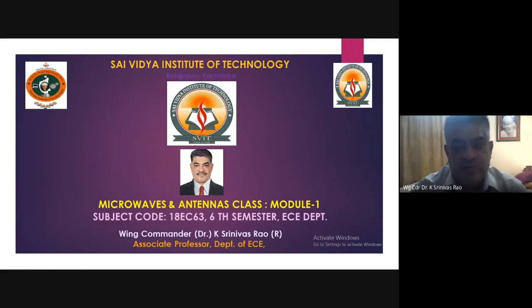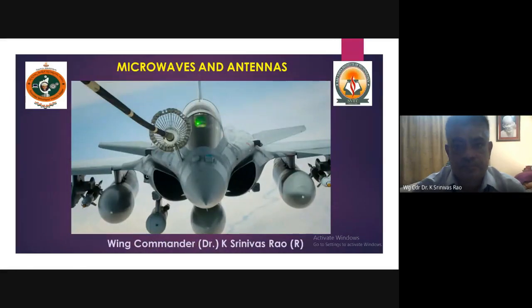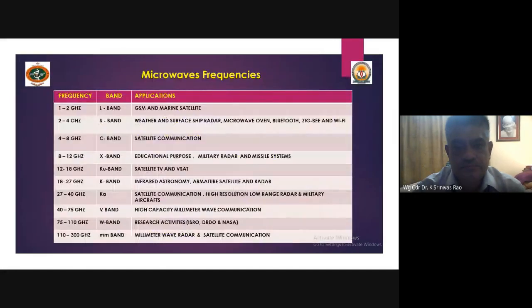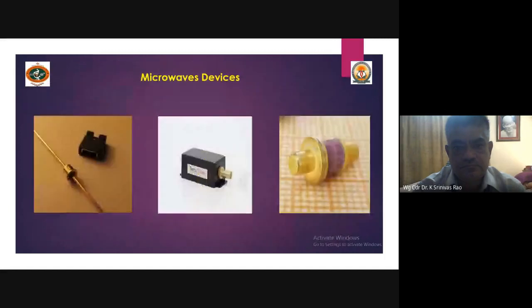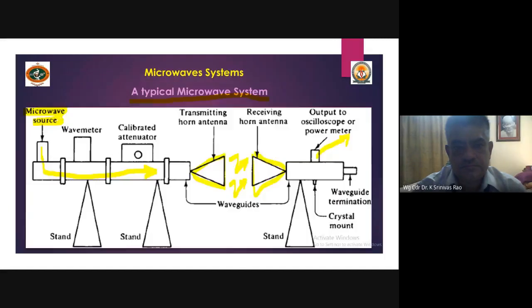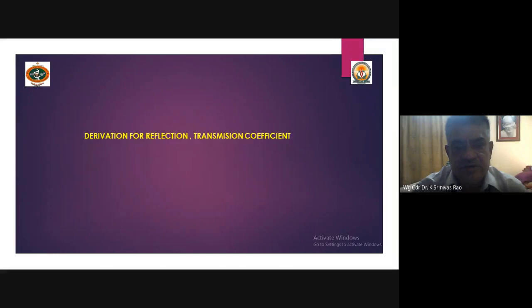Just a recap of what we studied in the previous class: the reflection and transmission coefficients, and the derivation and solution of the transmission line equations. I think we have completed this, but one more time we can go through it before we go ahead.